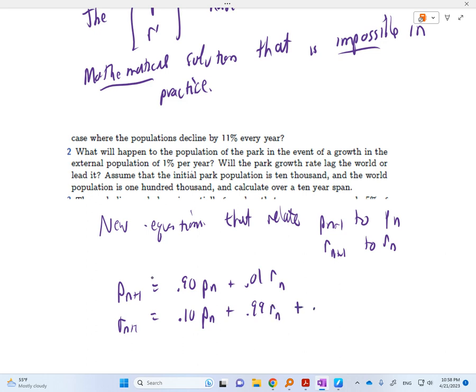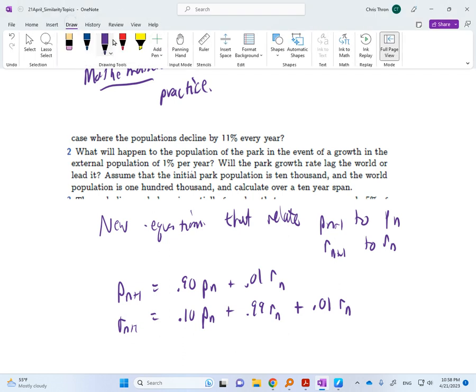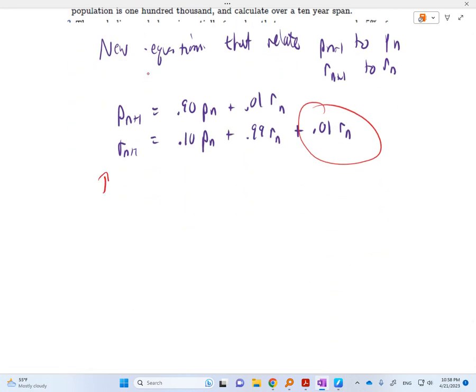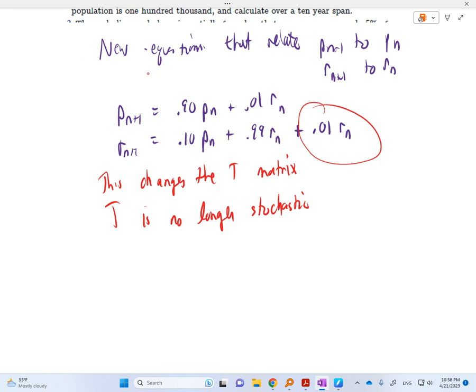But now we have 1% growth. Okay, so this is the new aspect here. Now we have 1% growth. All right. Now all this does is change the T matrix. Okay. And the matrix is no longer stochastic. Okay, the columns do not sum to 1.